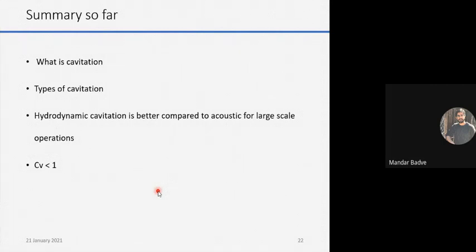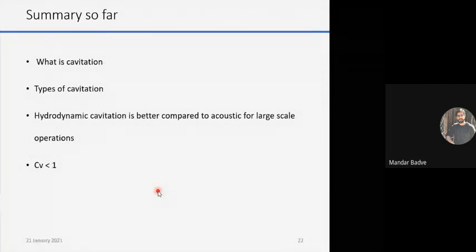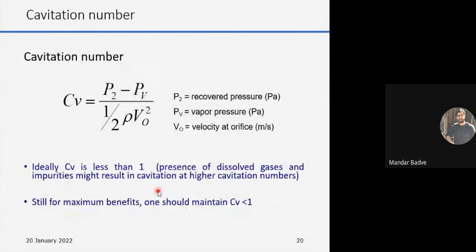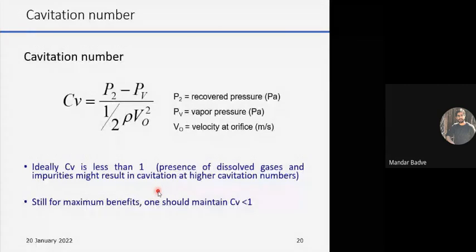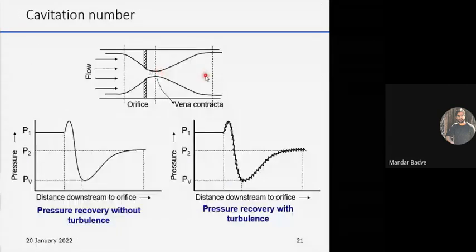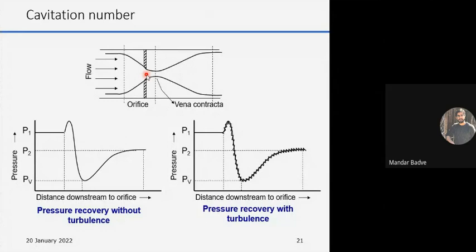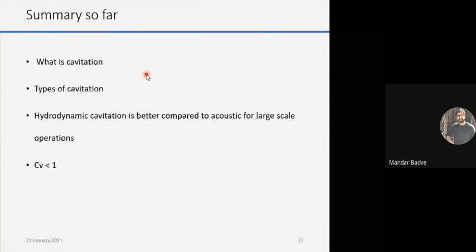We saw how and why hydrodynamic cavitation is better than acoustic cavitation for large scale operations, because in hydrodynamic cavitation you can allow the liquid to pass through the orifice or Venturi geometry continuously and repetitively, and your entire liquid experiences the cavitation condition, compared to acoustic cavitation where only a small portion of the liquid does. Therefore hydrodynamic cavitation is always better for large scale operations.